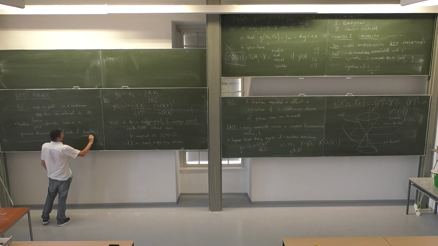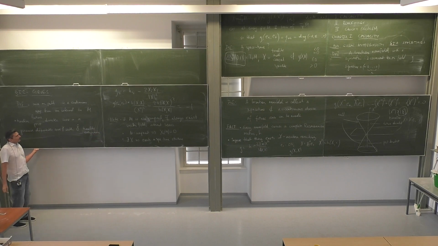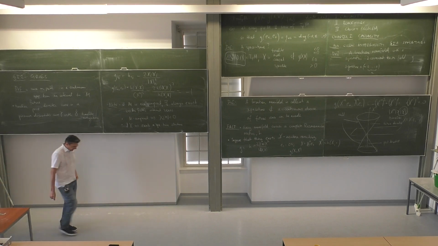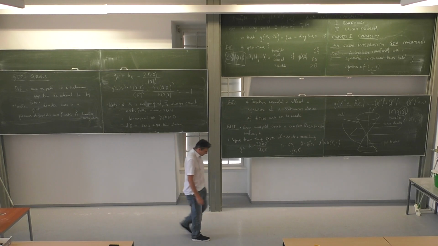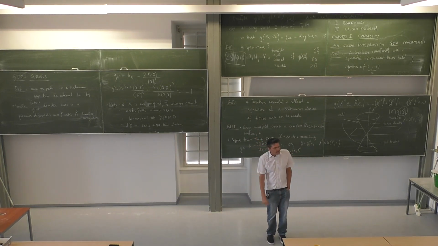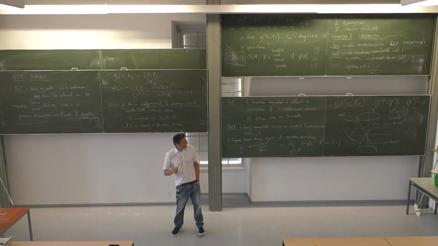And the reason you want to allow piecewise differentiable is that, think about me walking here in this room. In physics, time-like curves are supposed to be curves on which physical objects live, right? So I'm a physical object, so I cannot go faster than the speed of light.